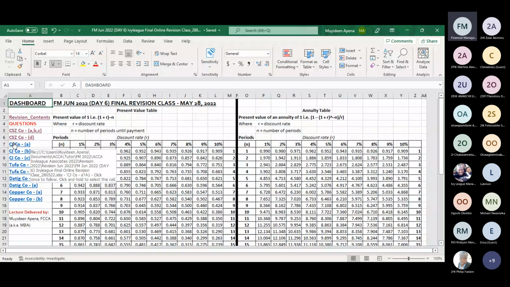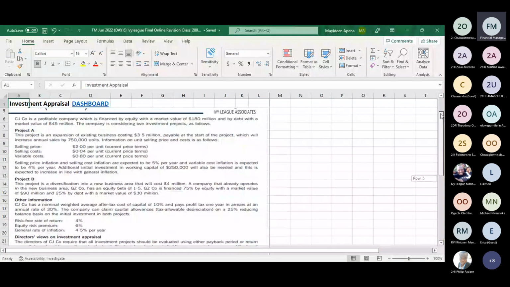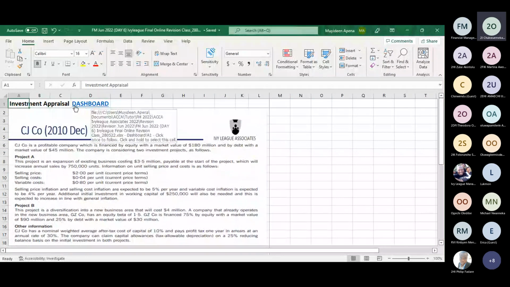CJCO is the next question on investment appraisal. Is hedging internal, like hedging with the bank? What do you mean by hedging with the bank? Hedging the exchange rate, the payment or receipts. So what method is that?